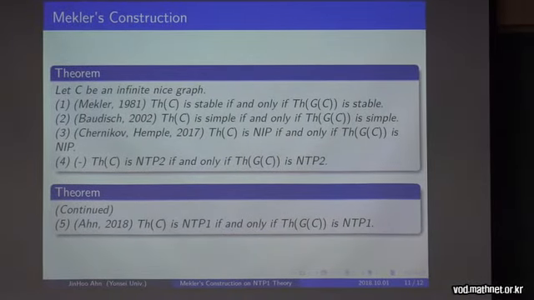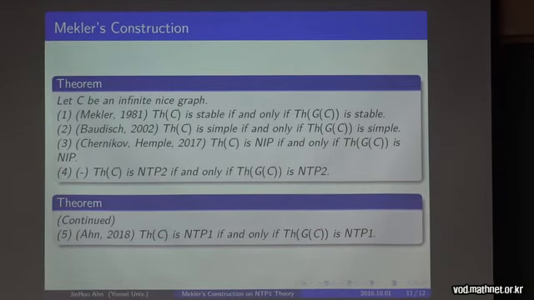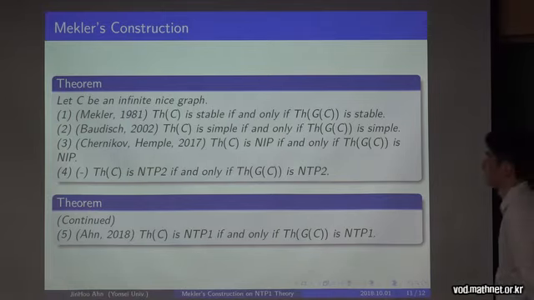And then many model theorists found out that this kind of property works on both sides. That is, T_C is stable if and only if T_GC is stable, which was found by Mekler himself.